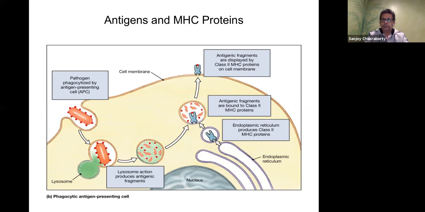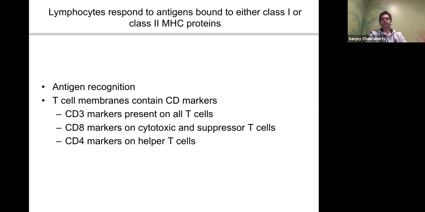Now those defense people come, the army, the police, all the defense people. There are many of them, and they are of different types. When scientists discovered them, they found that the T lymphocytes, or T cells, have membranes containing a lot of markers.